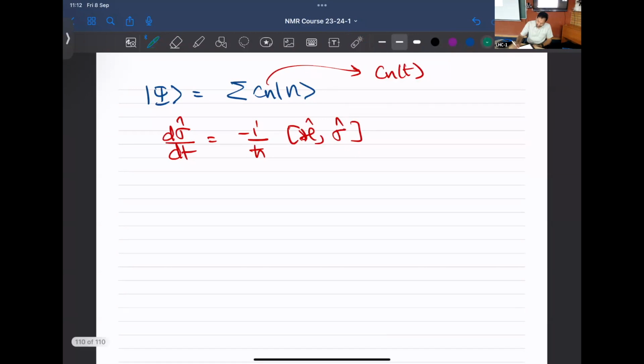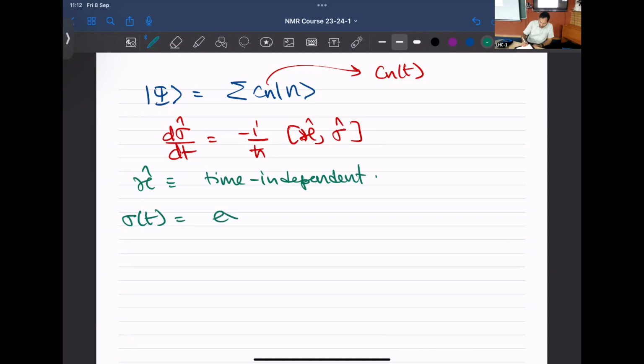Most importantly, we were able to see if the Hamiltonian is time independent, then the solution of this is rather straightforward, which will be given as the product of the propagators, e power minus iHt times the initial density matrix times e power plus iHt.